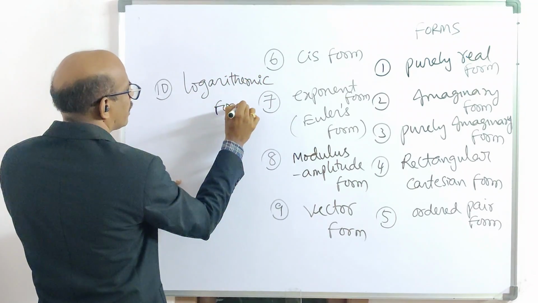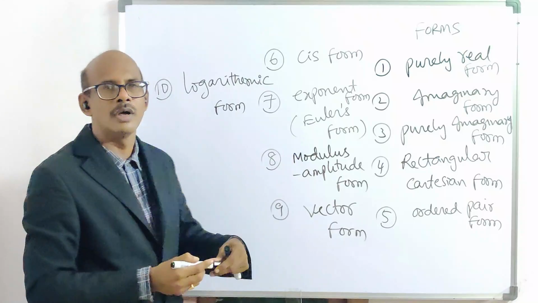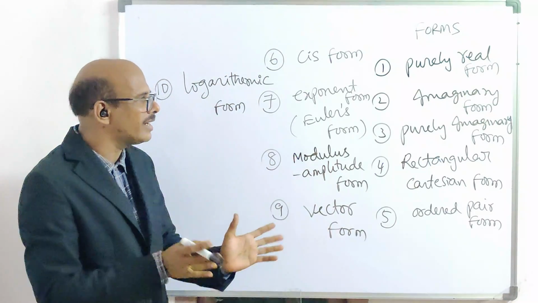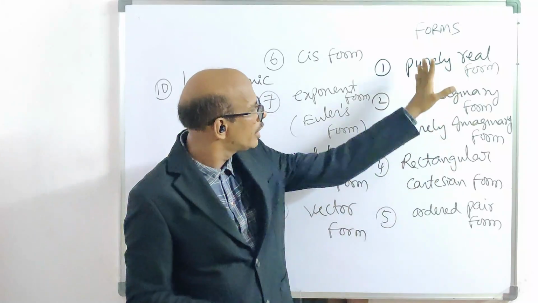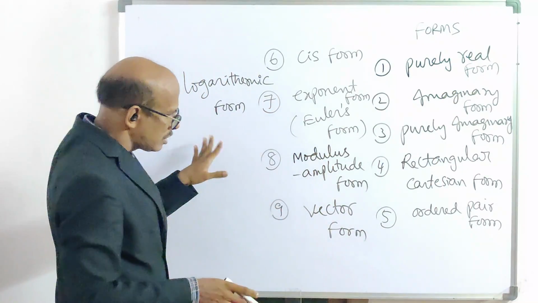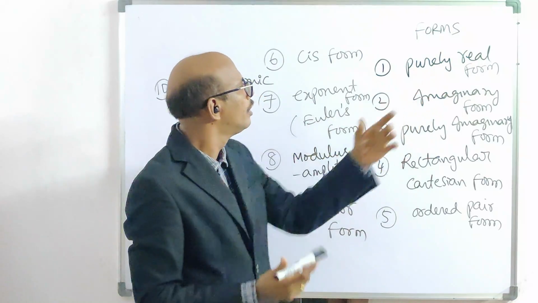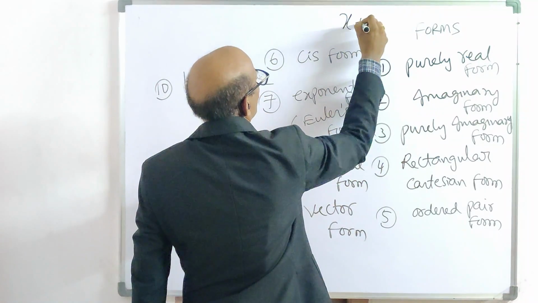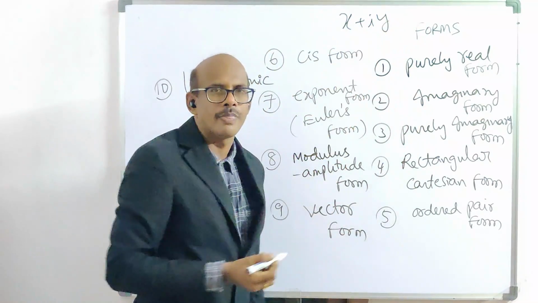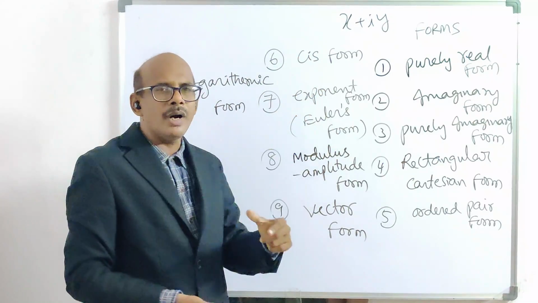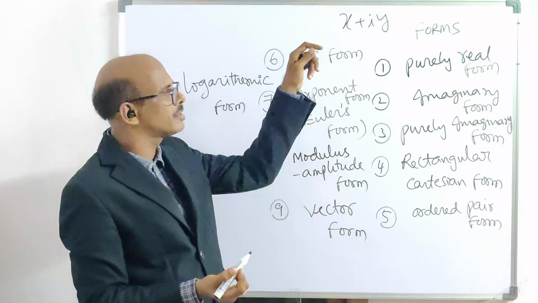Like this, for the understanding of the students, I divide the forms of complex numbers into various classifications. In x plus iy form, that is the definition I introduced already, a number mixing real and imaginary.